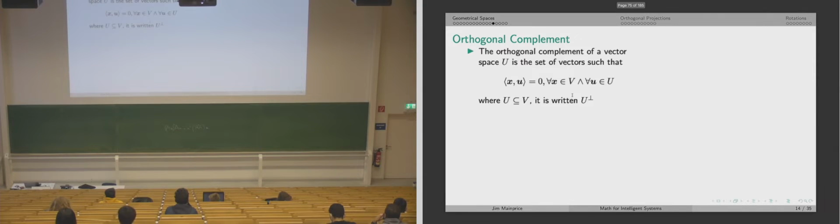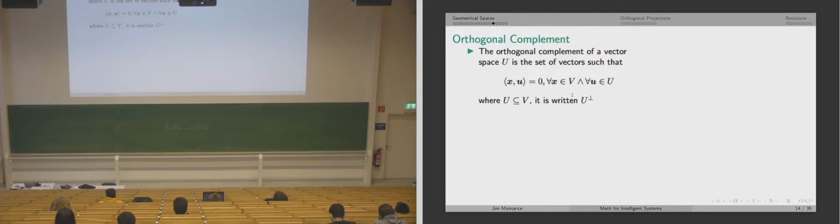Orthogonal complement. So the idea here is that we have a vector space, and the complement is going to be the set of vectors that are orthogonal to all the vectors from the original vector space that we are considering.